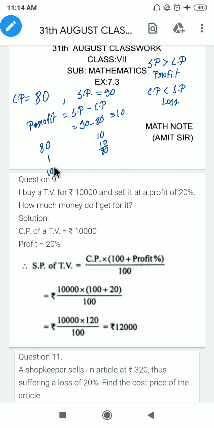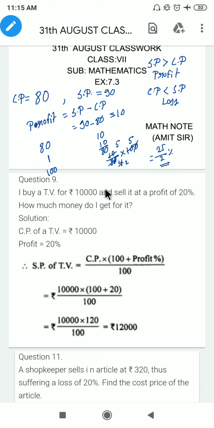Whenever the cost price is 100 rupees, the profit is how much? This much rupees. So this is called the profit percentage. The profit percentage here is 25 by 2 percent. That means whenever we measure anything out of 100, this is called the percentage.